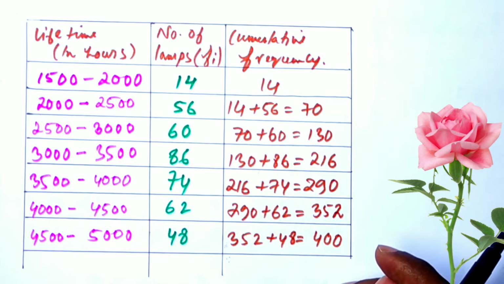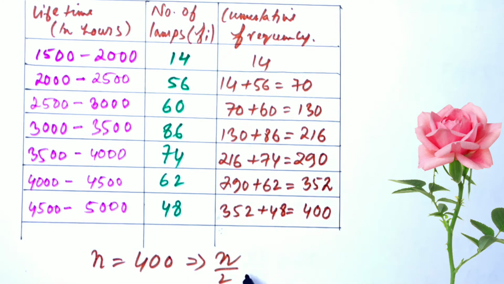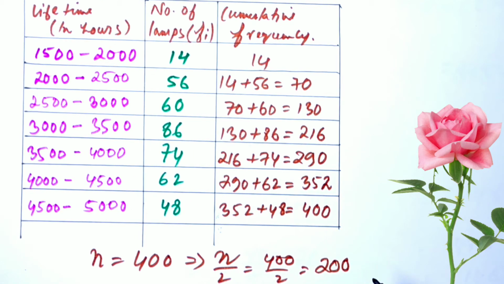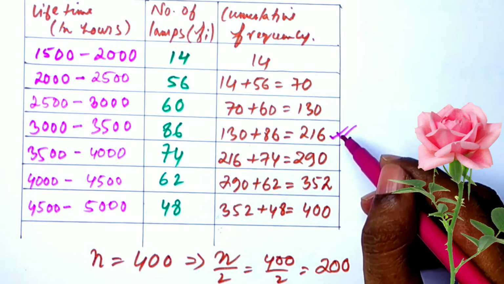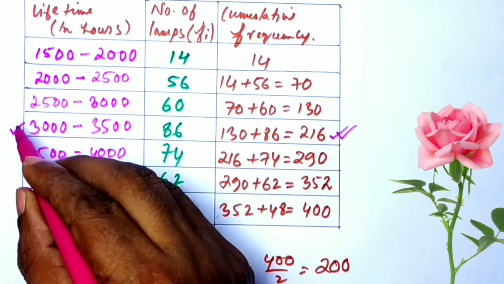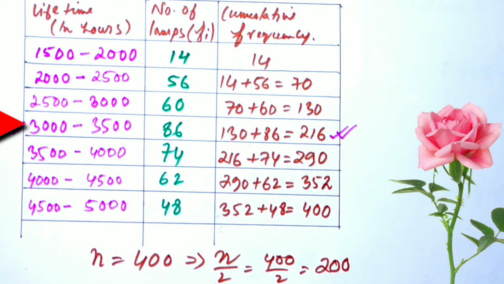So we have n value as 400. We find n by 2, which is 400 by 2, which is 200. The cumulative frequency just greater than 200 is 216, which belongs to the class interval 3000 to 3500. So the median class is 3000 to 3500.